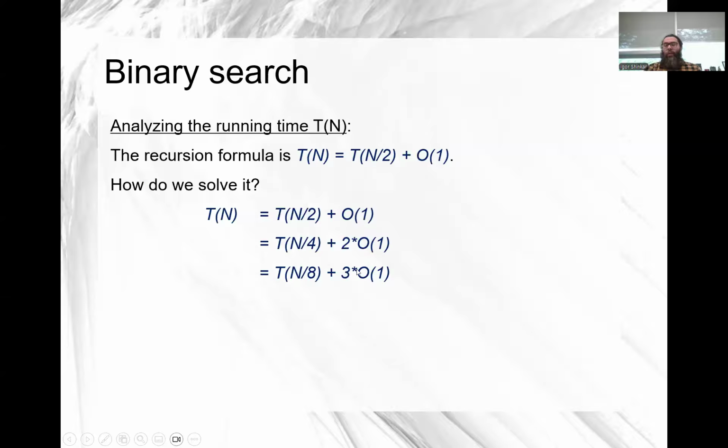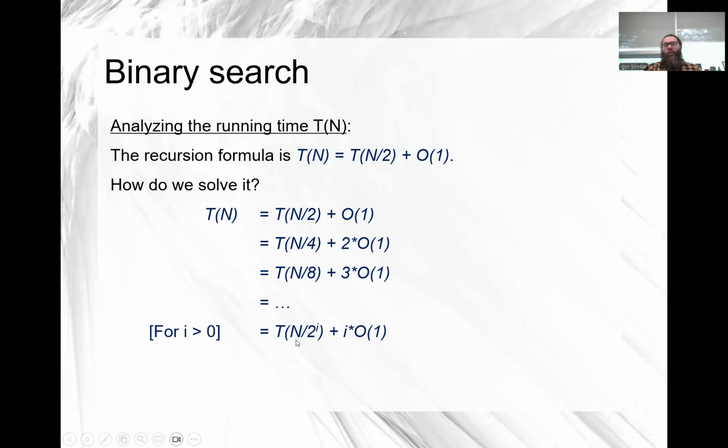We divide by 2 again and the constant appears 3 times, and so on. After going inside for i steps, the length of our array is n divided by 2 to the i. We divide by 2 once, twice, 3 times, i many times, and we pay i times this absolute constant.